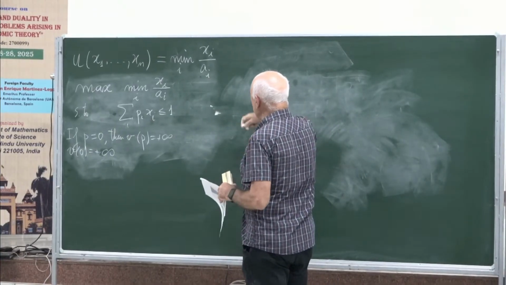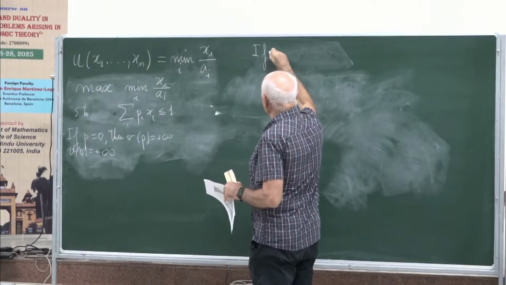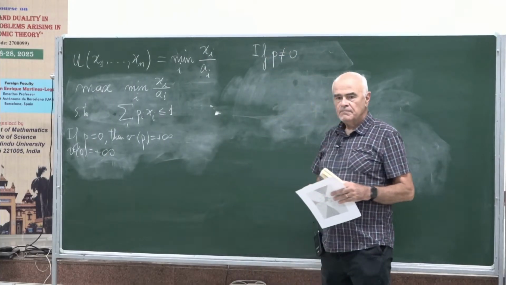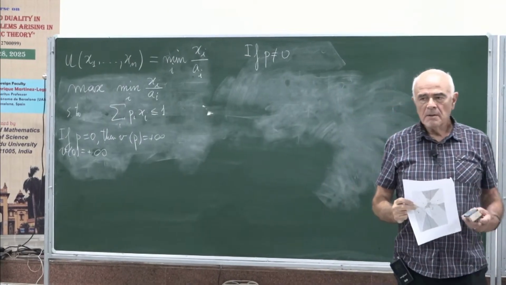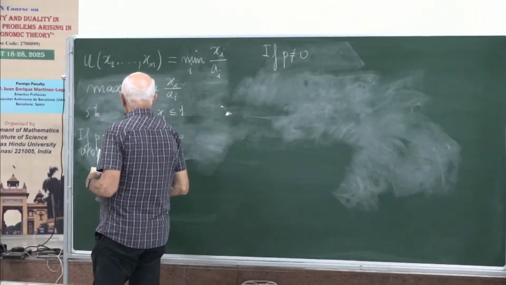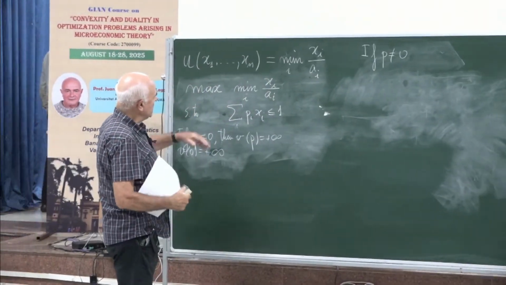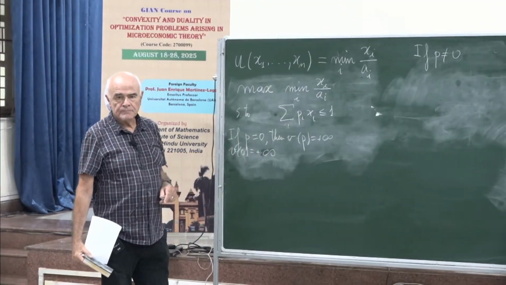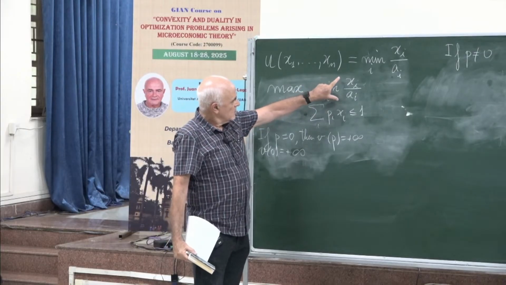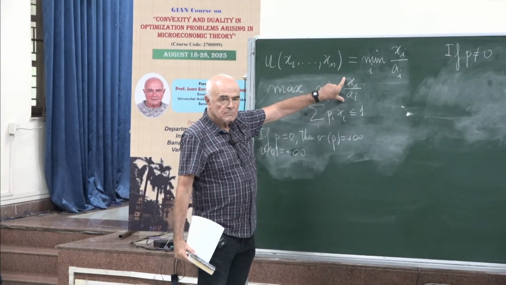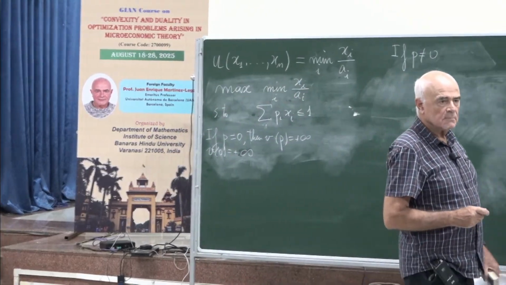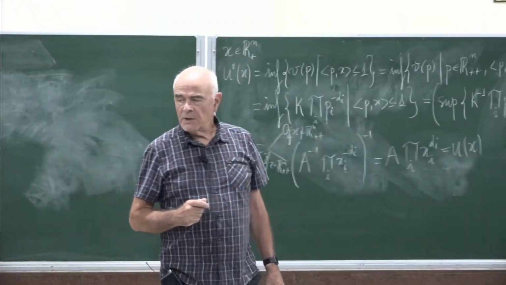Now, if p is different from 0, then I claim that there is an optimal solution, and for this optimal solution, all these terms in the minimum are necessarily the same. Do you agree with that?